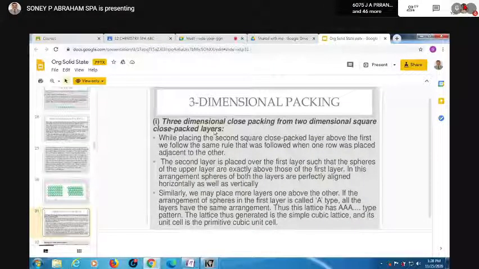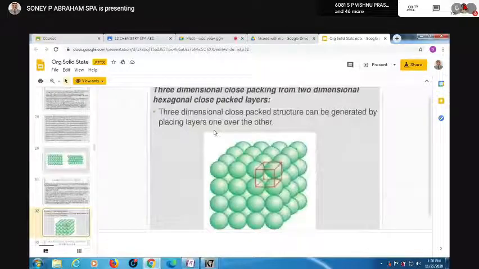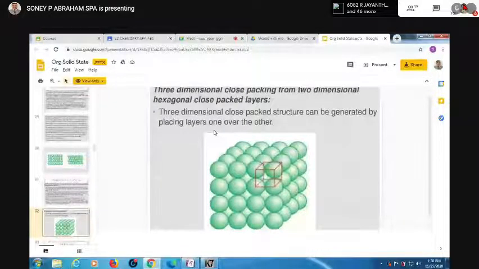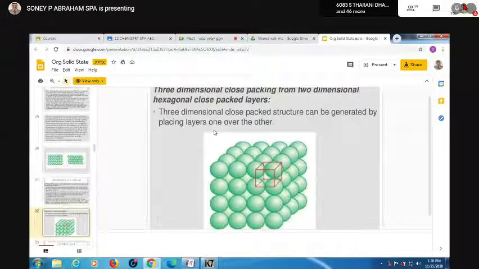Okay. Now this 3-dimensional packing can be of 2 different types. It can be done on a square close pack layer, or it can be done on a hexagonal close pack layer.